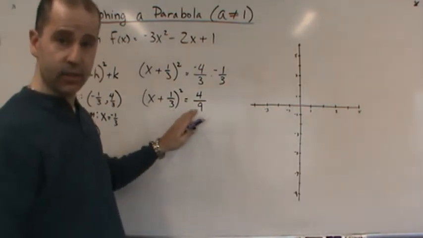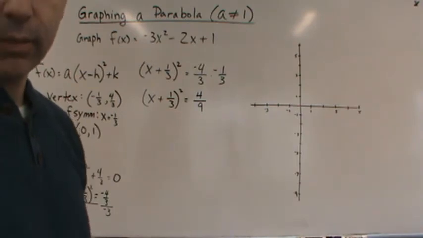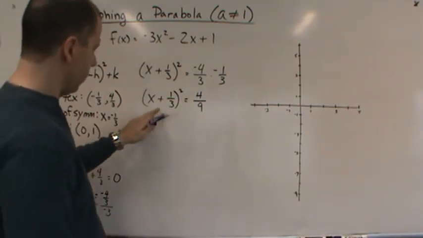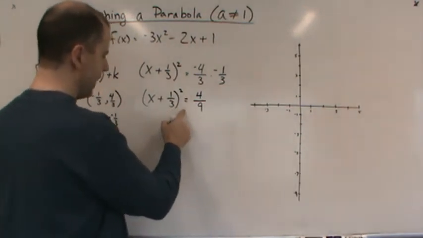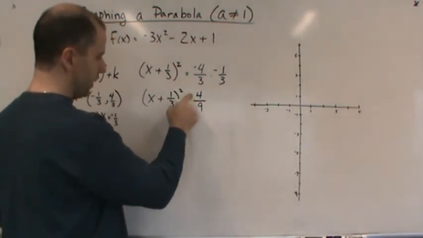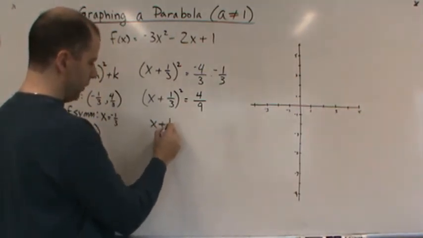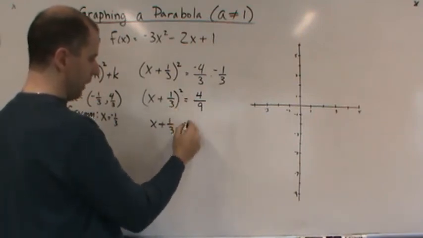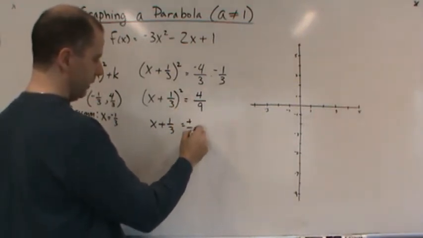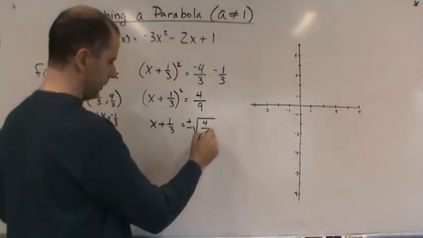Now we could take the square root of both sides. And if I take the square root of both sides, make sure you put the plus or minus over here. So this is just going to be x plus 1/3 equals, now I'm going to take the square root, but I have to have the plus or minus here, so it's going to be plus or minus the square root of 4/9.